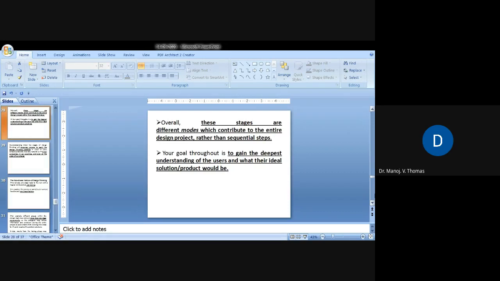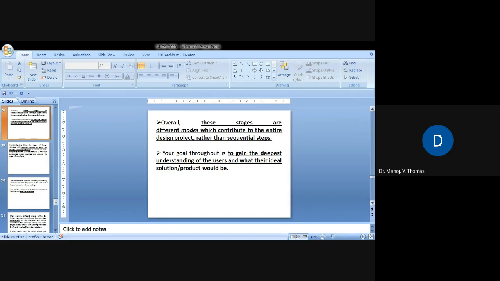Overall, these stages are different modes which contribute to the entire design project, rather than sequential steps. Your goal throughout this process is to gain the deepest understanding of the users and what their ideal solution product would be.